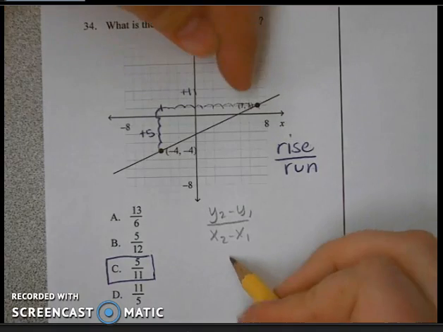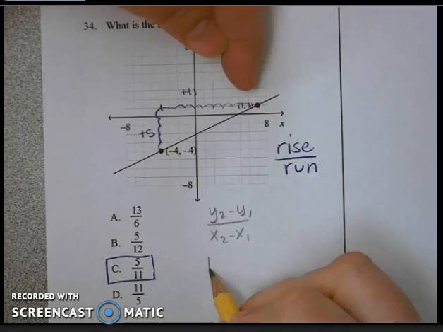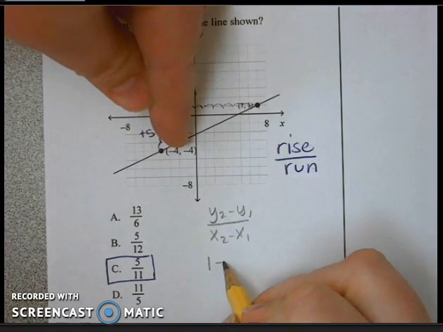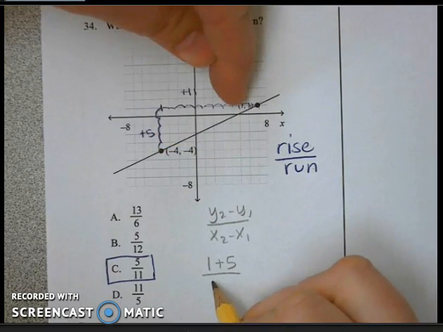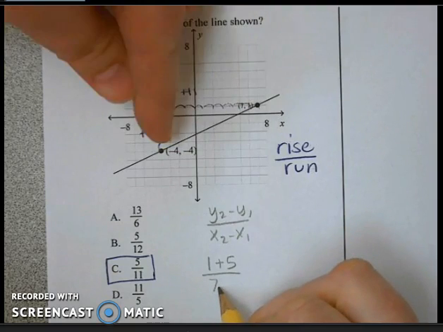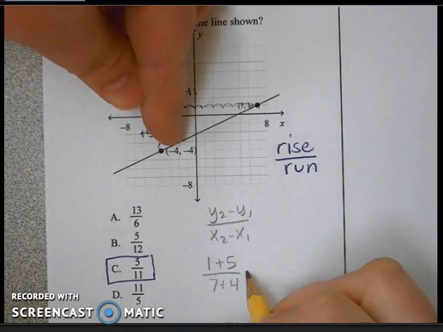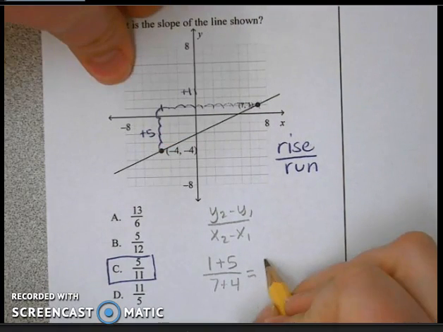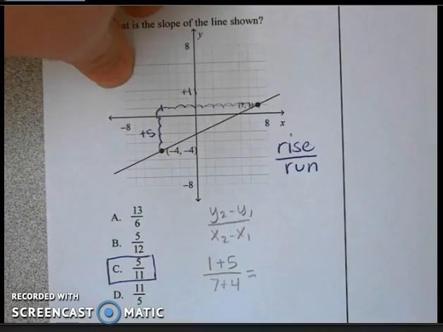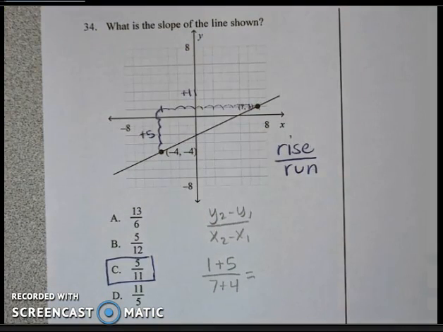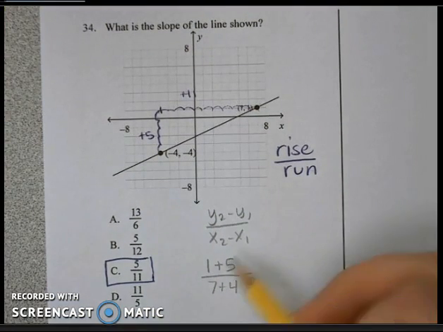Alrighty, so y2, we have 1 minus a negative 4, so 1 plus 4. And then we have our x values, so 7 minus a negative 4 is really 7 plus 4. So 1 plus 5. Sorry, I just realized I made an error there.